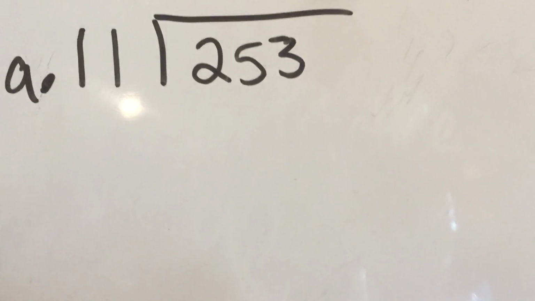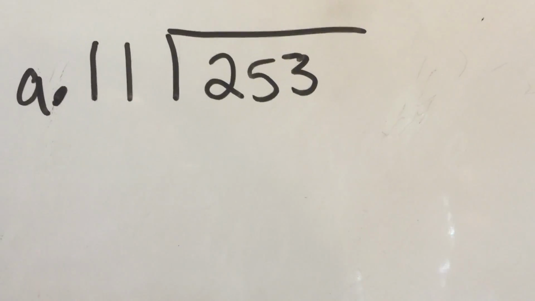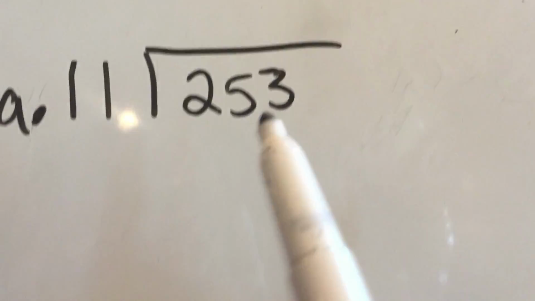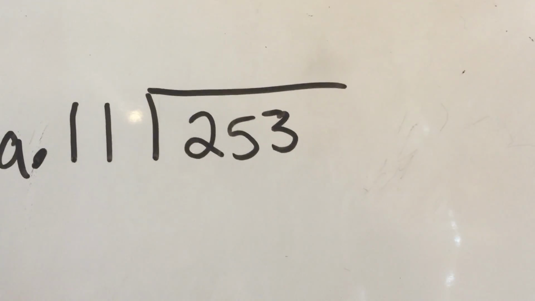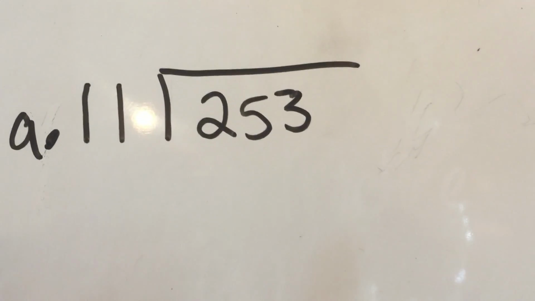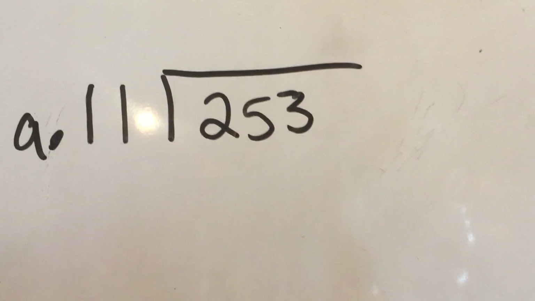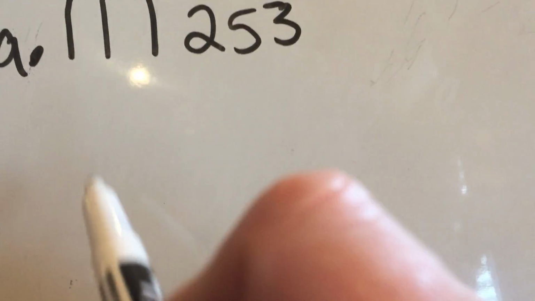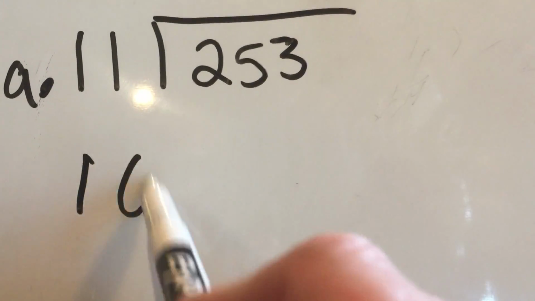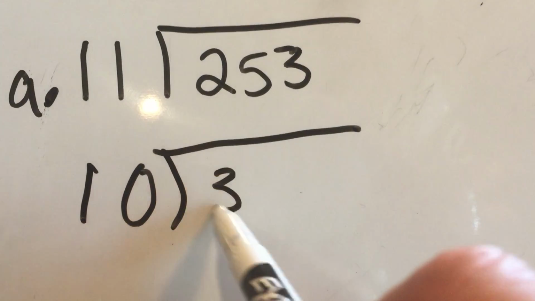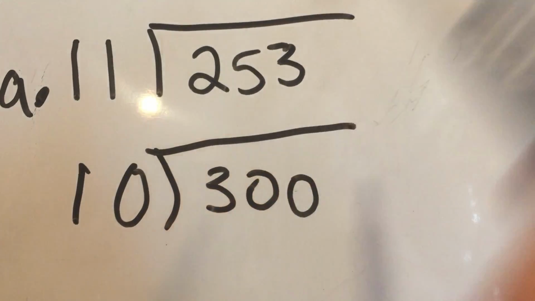So let's see what numbers are easy to divide by. For these, as long as you're close, it doesn't matter. But for A and B, I want you to divide into something that is not going to have a remainder. So let's do 10, because that's an easy one to work with, divided into 300, because that's the nearest 100 that 253 would round to.